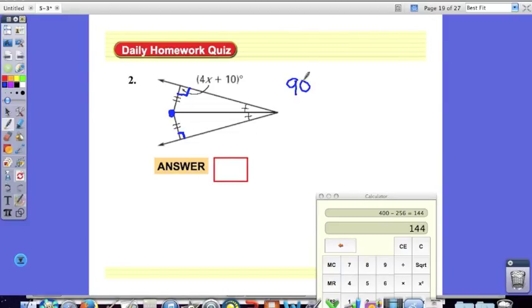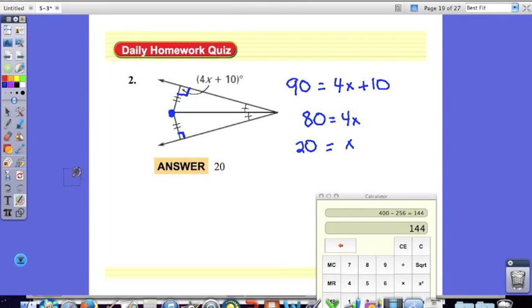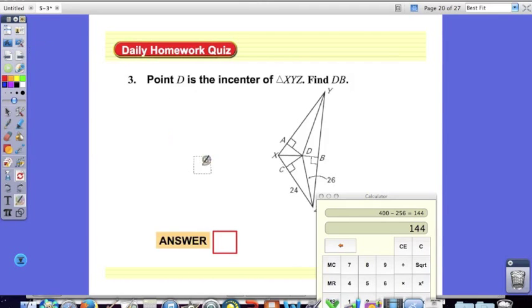So 90 has to equal 4x plus 10. Subtract 10 from both sides, I get 80 equals 4x. So x equals 20. Let's see if I'm right. It's late at night, on a Saturday night, I'm right. Hooray! Next problem.